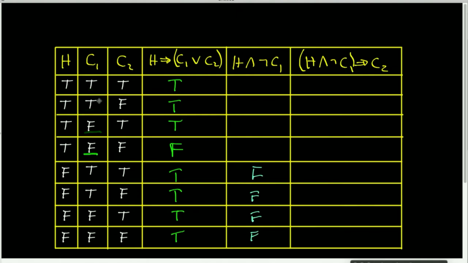Well, if C1 is true, not C1 is false. And so I have true and false, and that means this is going to be a false, and that's going to be a false. If C1 is false, the negation of C1 is true, and the conjunction now is true and true, so it will be true and true here.